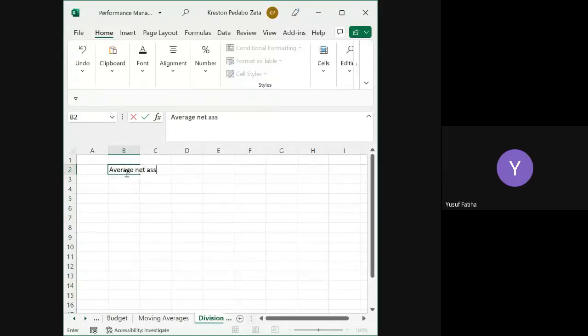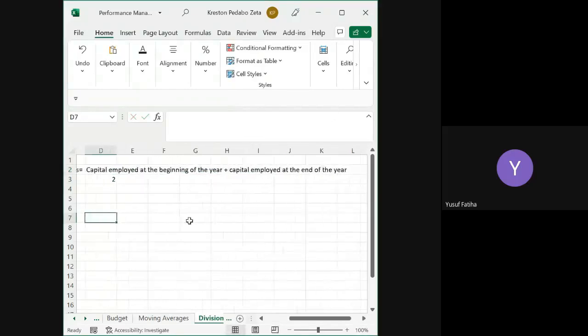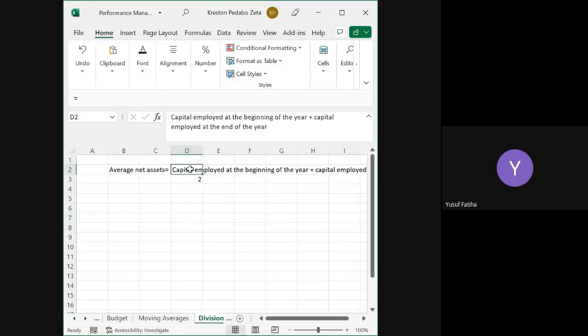Average net assets is capital employed at the beginning of the year plus capital employed at the end of the year, divided by 2.